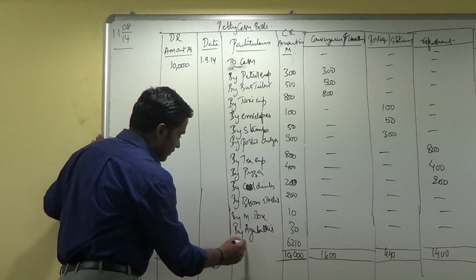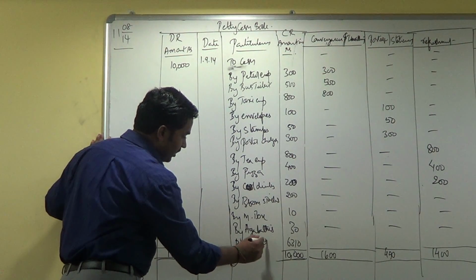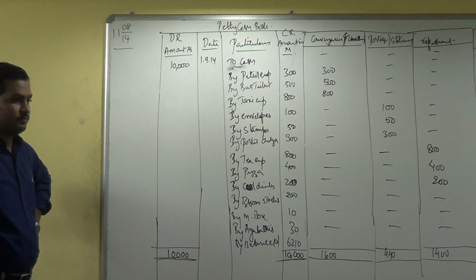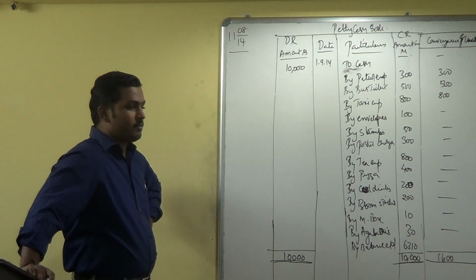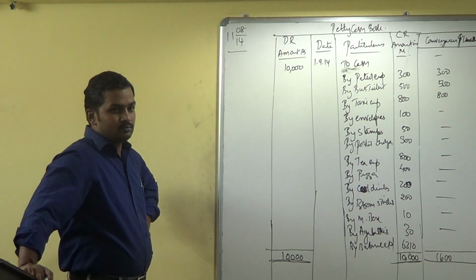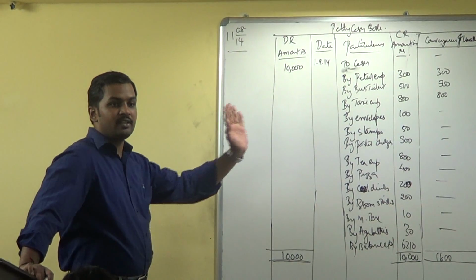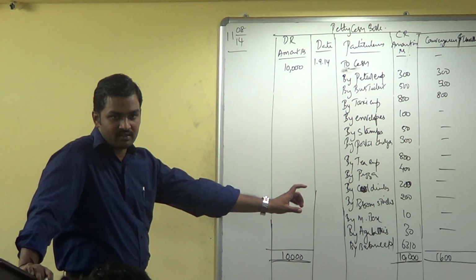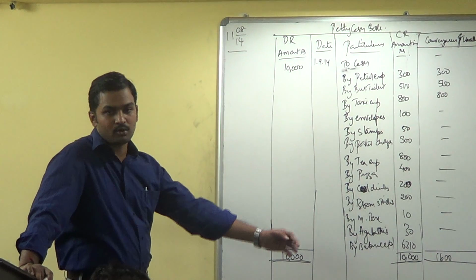By balance carried down. The debit side was more than the credit side, so the difference is temporarily written on the credit side. That is why we use the words by balance carried down.